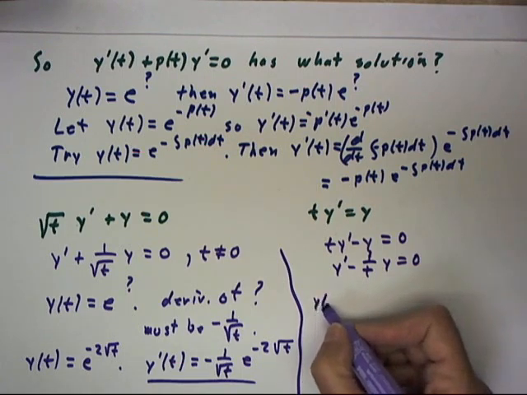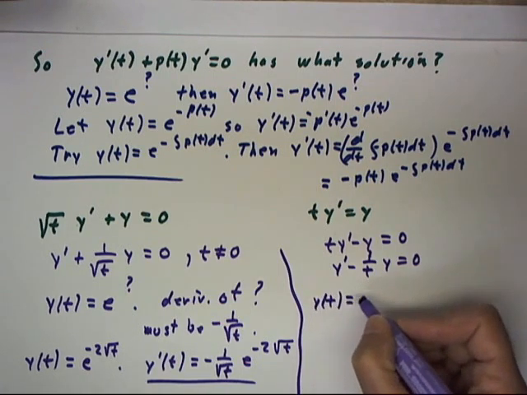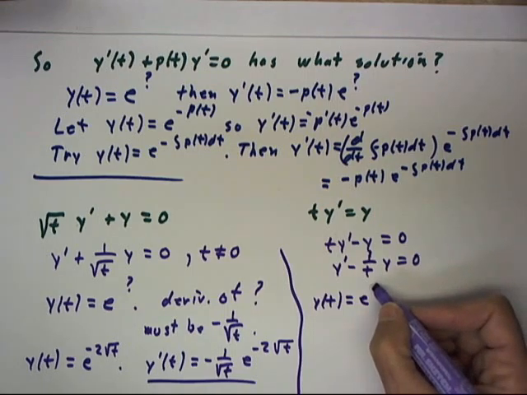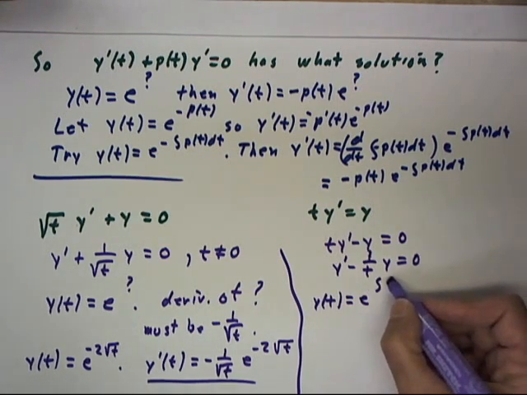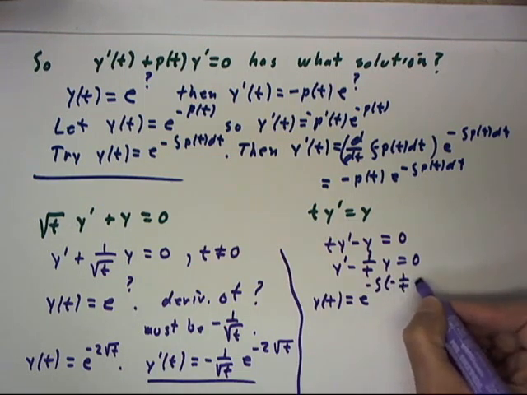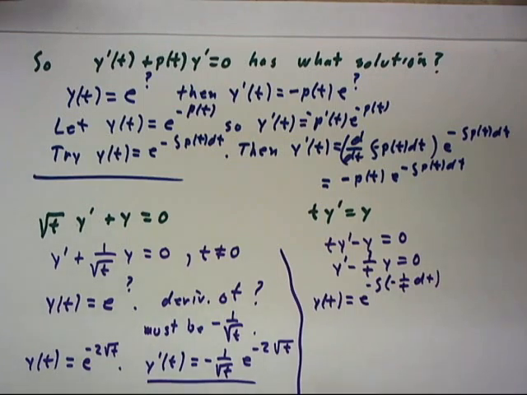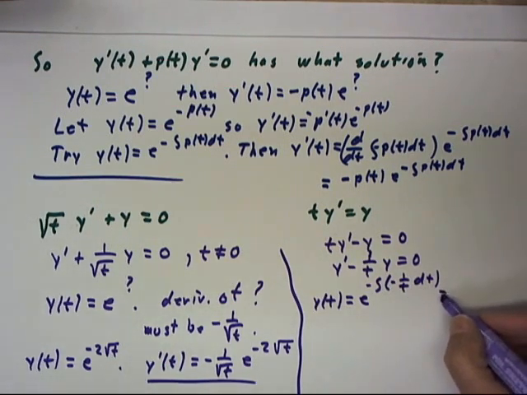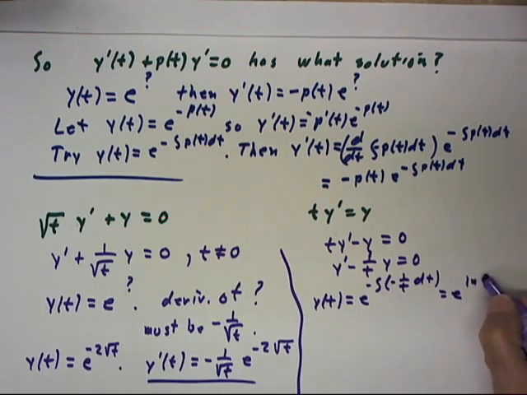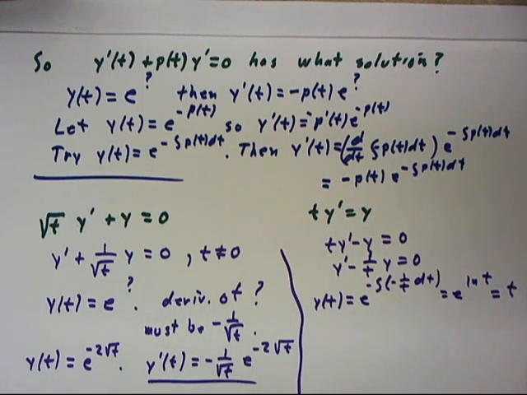Well, y of t is going to equal e to the negative integral of negative 1 over t dt. The integral of 1 over t is just the natural log of t, so that's e to the natural log of t, which is just t.